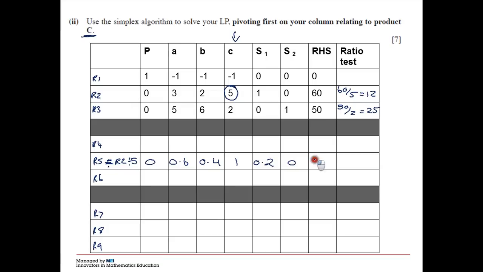And again, I'm using decimals here. And then to get row 4, we're going to take row 1 and add our new row 5 because it was 1 and minus 1.